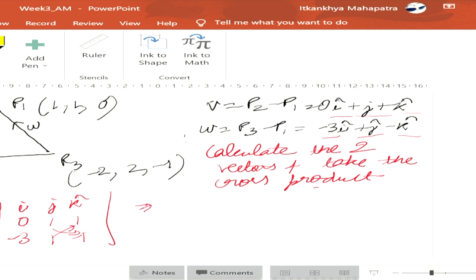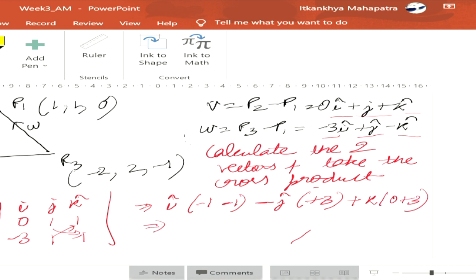This will become i cap times (1 times minus 1 minus 1 times 1), which is minus 2; then minus j cap times (0 plus 3); plus k cap times (0 plus 3).